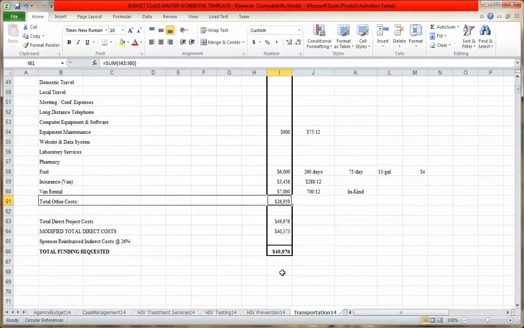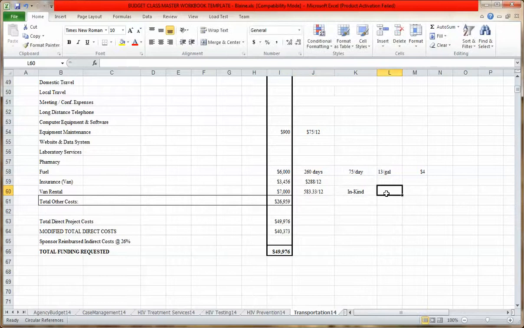$49,976. And so if I take that $7,000 and divide it by 12, we're going to ask that we get our van for $583.33 per month for 12 months.